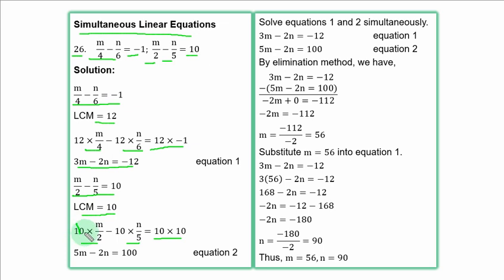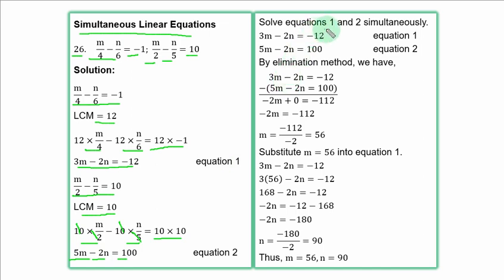Divide 10 by 2. You are left with 5 times m. That is 5m minus. Divide 10 by 5. You have 2 remaining, times n. That is 2n equal to 10 times 10, 100. Let's call that equation 2.